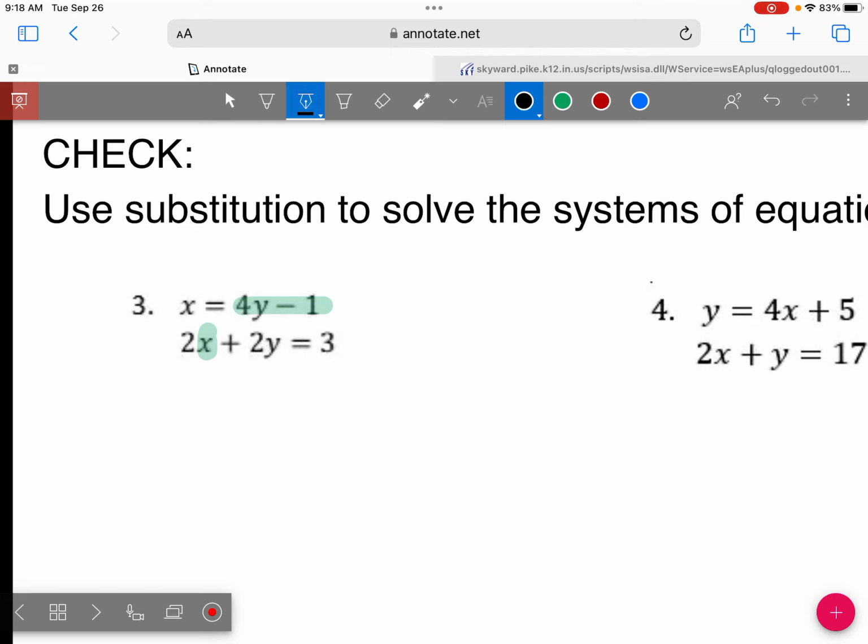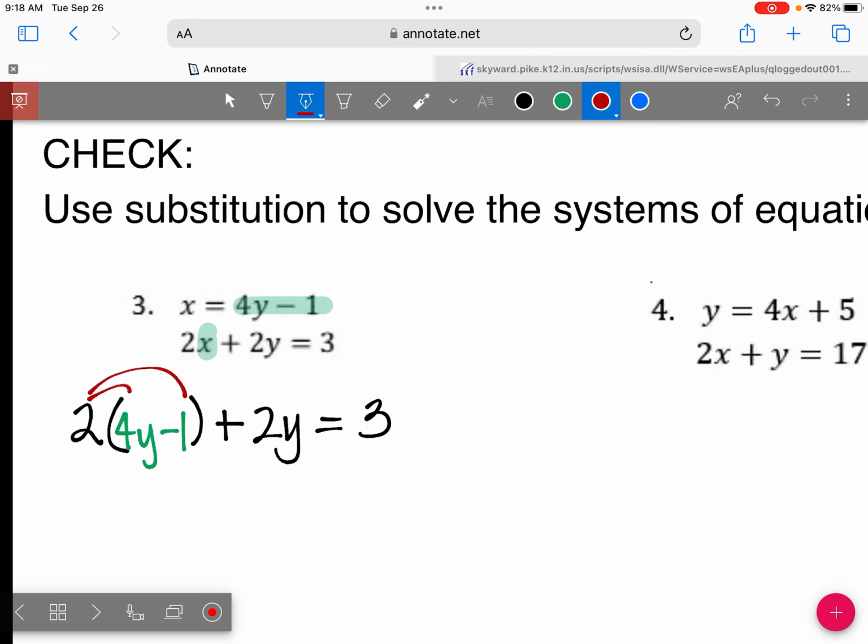So you're going to write it as 2 parentheses plus 2y equals 3. And then inside of the parentheses, put that 4y minus 1. Go ahead and distribute the 2. Combine your like terms, solve it for y. So this time we're going to find y first.